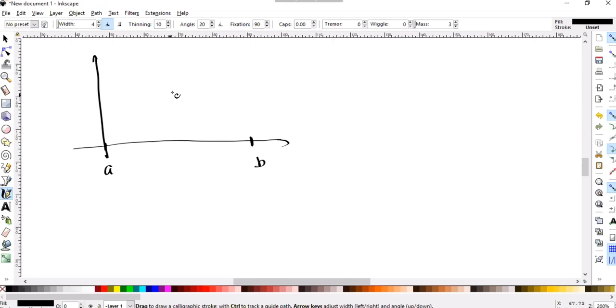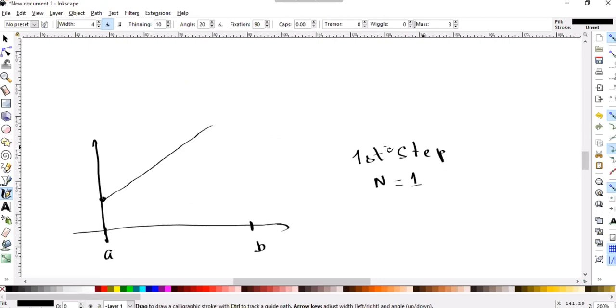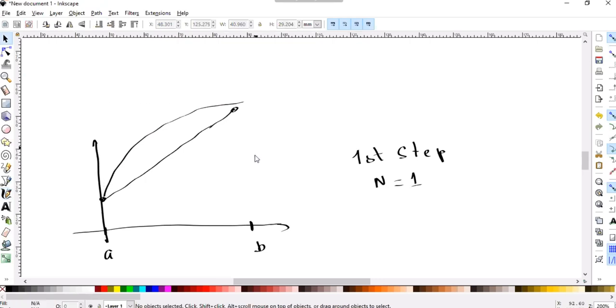Okay, and so the first step, n is equal to 1, and I have an approximation. Let's say my function f of x is something like this.